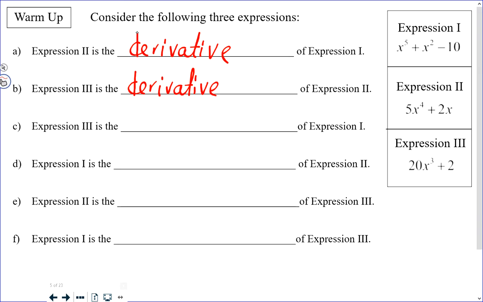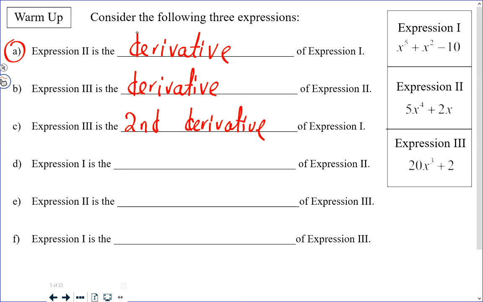Now, what is expression 3 in relation to expression 1? Well, since expression 1 can be differentiated twice to get expression 3, expression 3 is the second derivative of expression 1.